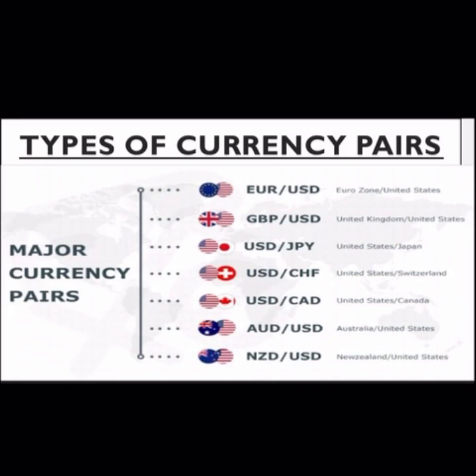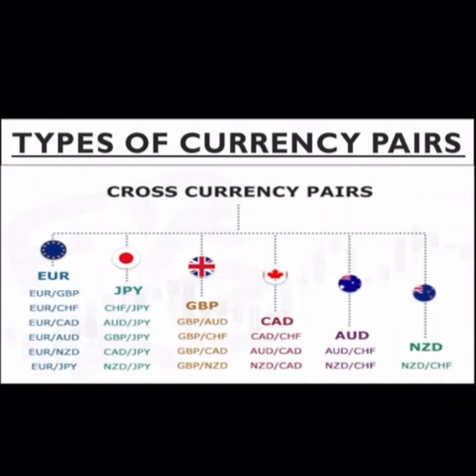Okay. Then the next one is called the cross currency pairs. They are the pairs that follow the major currencies. Some people call them minor currency pairs. Here you can see these are also popular currencies of different countries, but they are not paired against the US dollar.